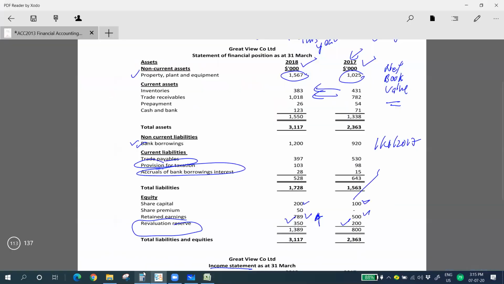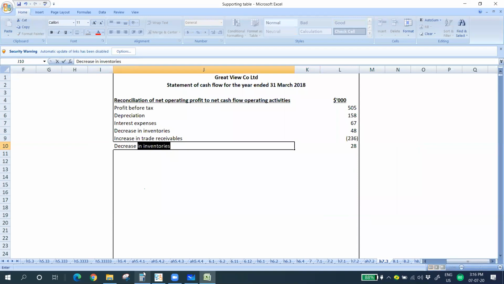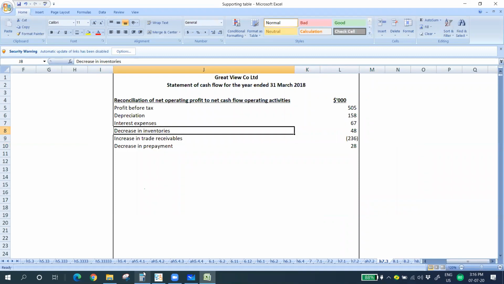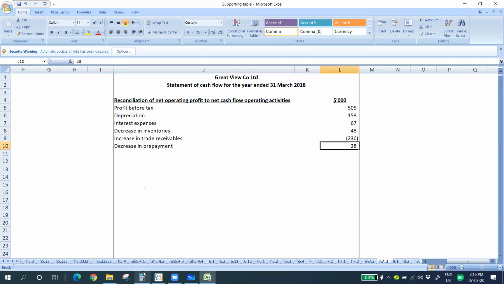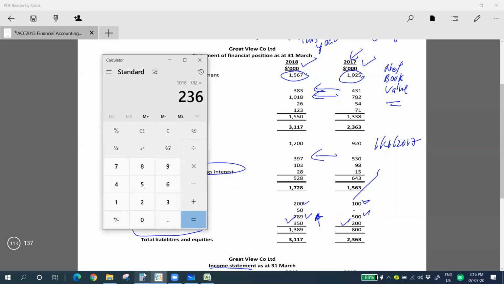Next, we have prepayment. Prepayment goes from 54 to 26. The difference is 28, right? A 28 decrease in prepayment. So this will be the same as inventory, so we show a positive. Next one is your trade payables, from 530 to 397. 133.